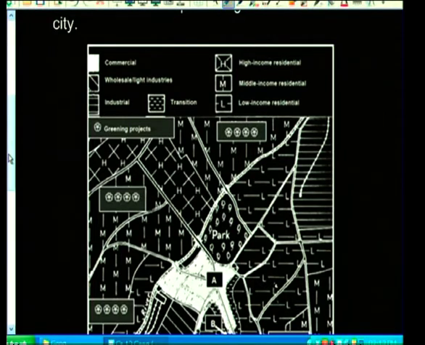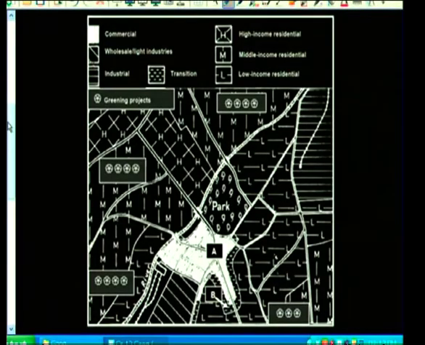If you just look at the top where we spoke about them earlier, commercial, light industries, heavy industries, transition zone, and our residential areas, whether it be high, middle, or lower income, are all different types of land use zones. And so just by looking at the key and the actual diagram, you will see that it is our residential areas that take up most of the land use.